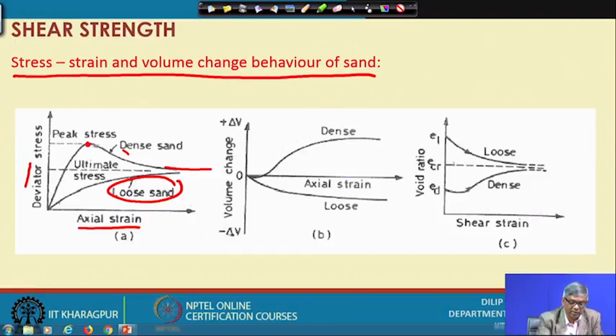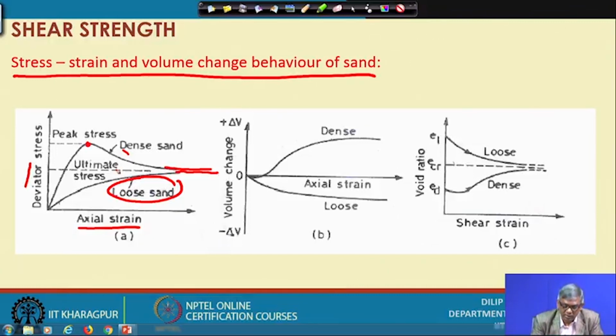So the dense sand reaches a peak and then drops to a constant value, while the loose sand increases continuously and finally reaches the same value. This is the shear stress behavior of loose and dense sand.